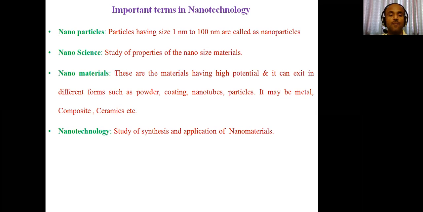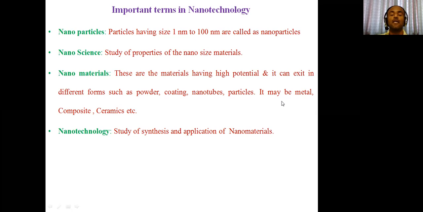These bhasmas are prepared by the burning of some metals or some components. After the burning, it gives a very fine powder in the nano range, and it is well known that these bhasmas are very much more active compared to their bulk counterpart.